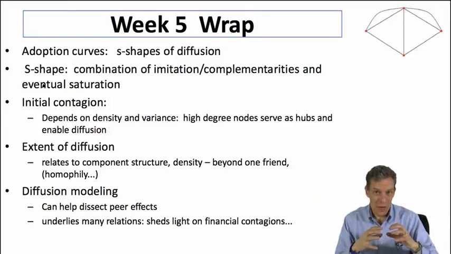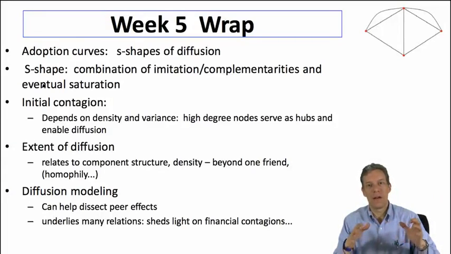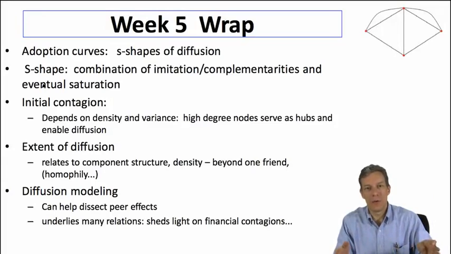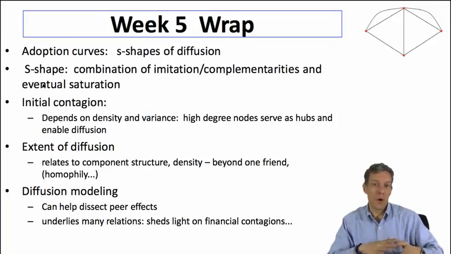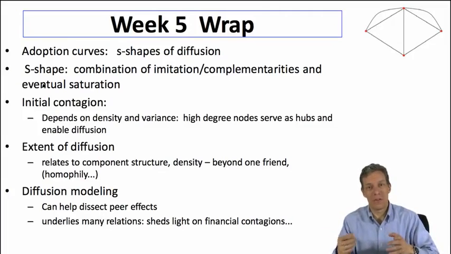We can build tighter models that bring in the network, and the network then can help us understand when something is going to spread, when we will get an epidemic, how many people are going to be reached, and so forth. So initial contagion, when we looked at those kinds of models and understanding, say, the SIS model, high degree nodes tend to serve as hubs and enable diffusion. So overall higher density means you're going to tend to have more connections, more chances of diffusion or contagion.